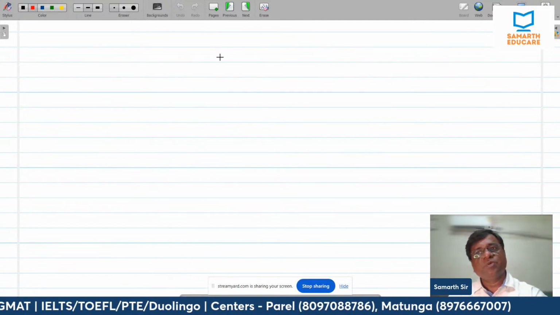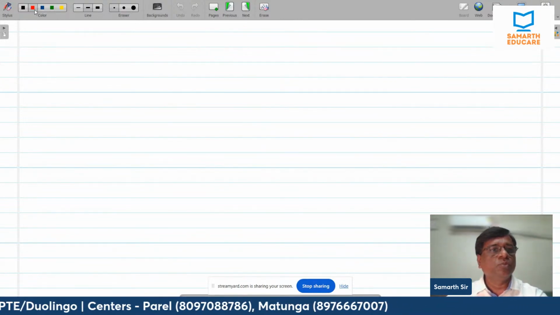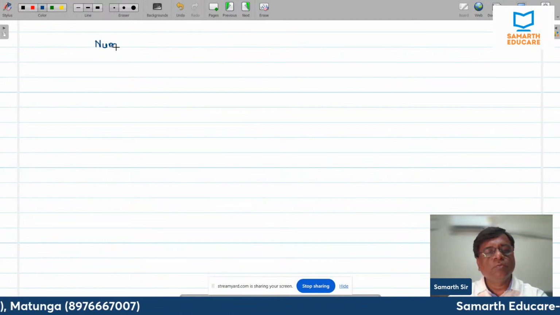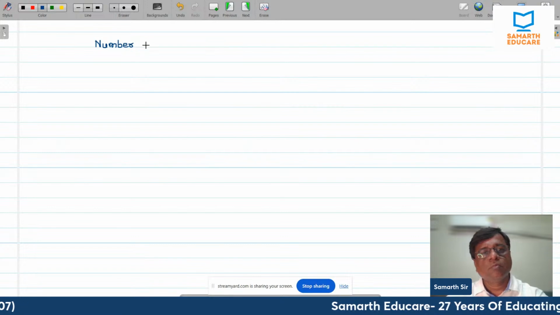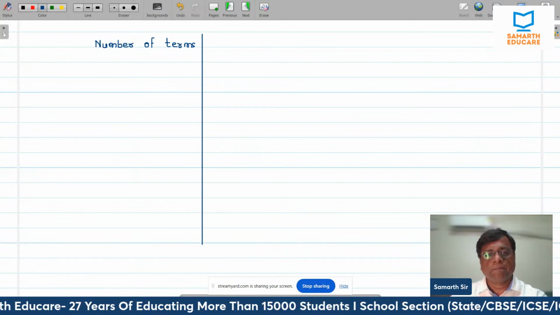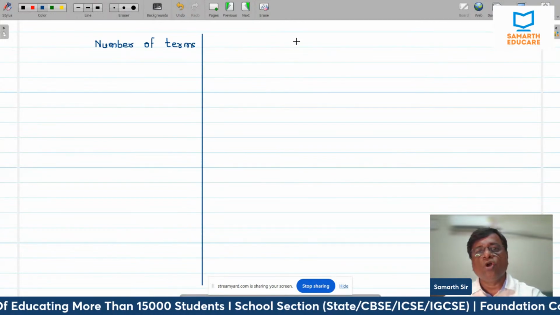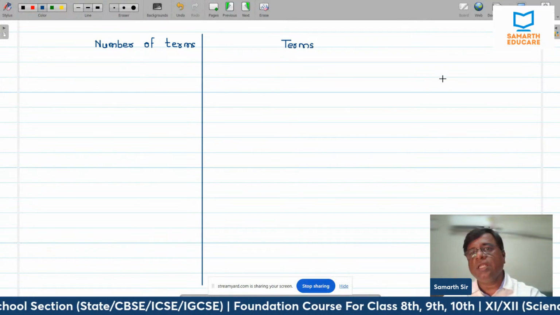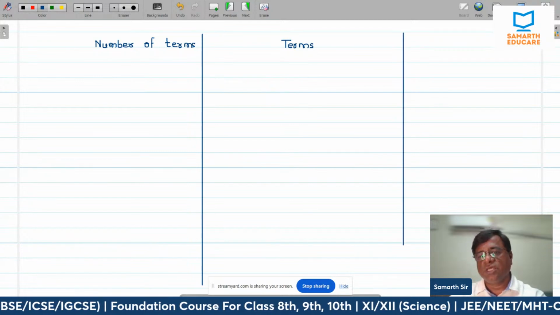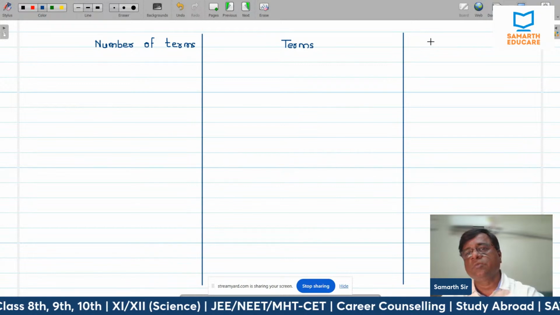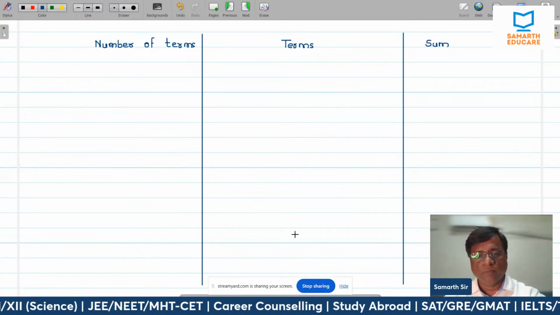If they ask especially for three numbers in AP, let me make a column: number of terms will be the column. What will be the terms? And if the sum is mentioned, then we have to use exactly this method.